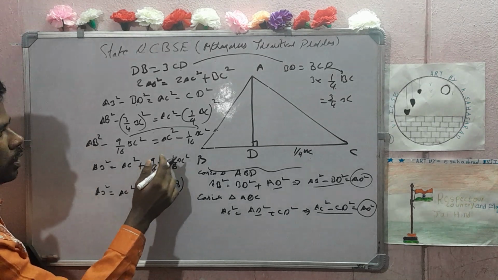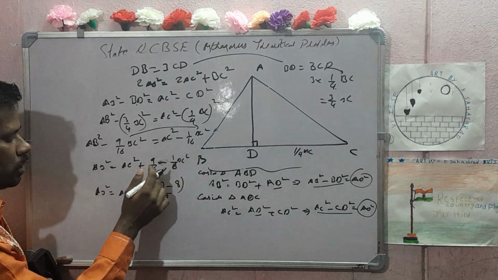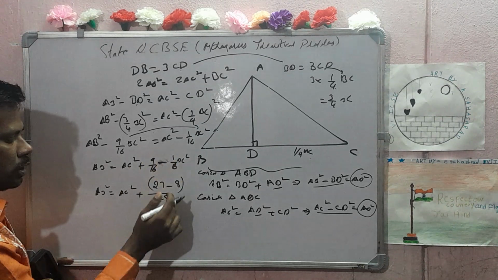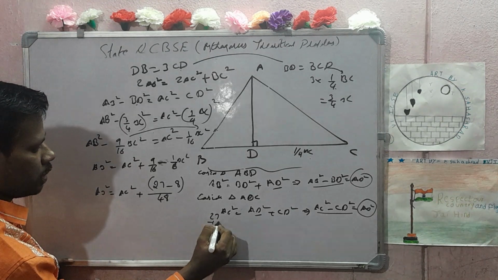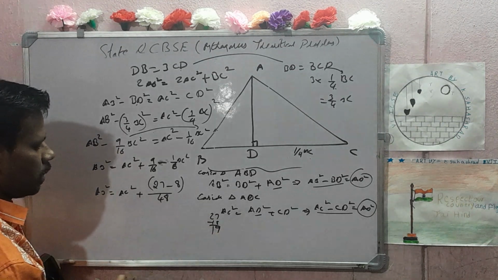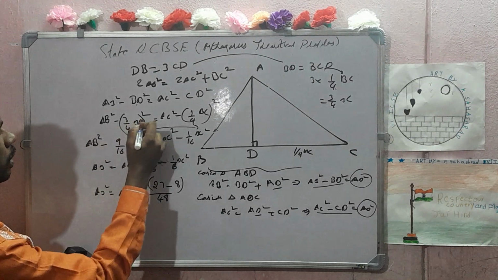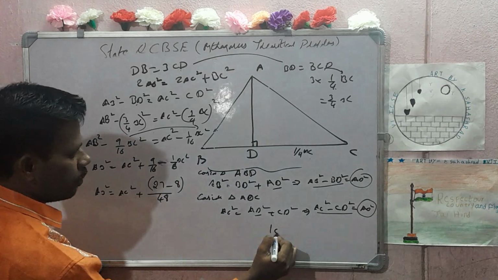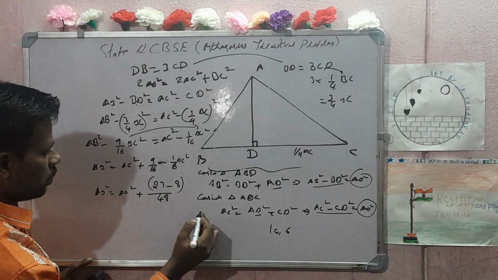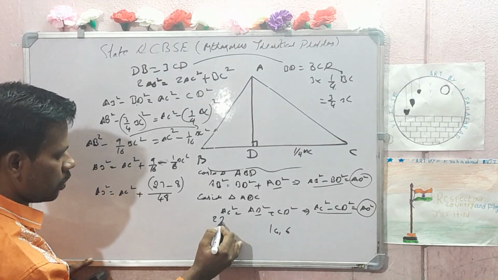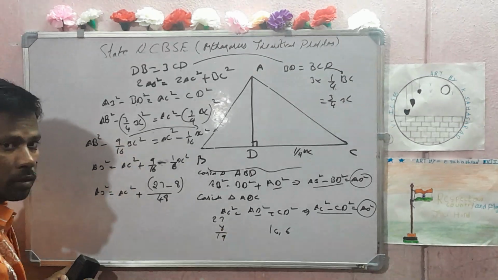So 9 minus, 16 and 6, LCM I took, so 48 I got. 27 minus 8 is 19. We got 19.